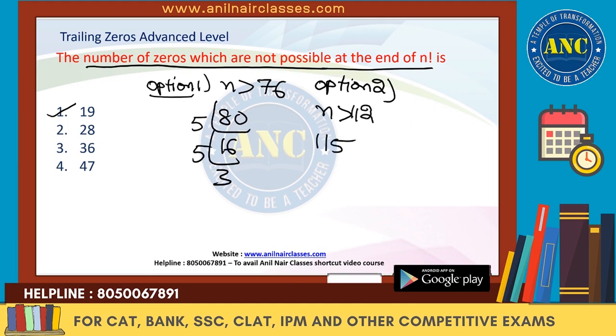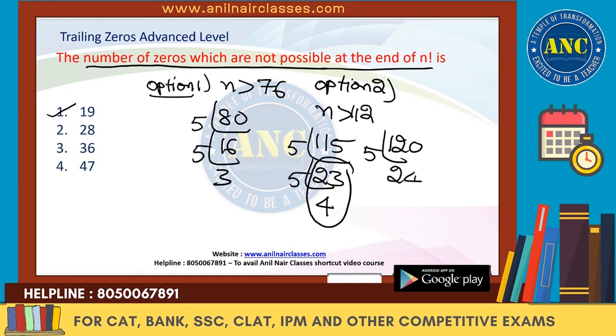What is the multiple of 5 greater than 112? 115. So it is 5 23s are, and 5 4s are. 23 plus 4 is 27. Next multiple, 5 24s are, and 5 4s are. 24 plus 4 is 28. This is possible. Option 2 is also possible.